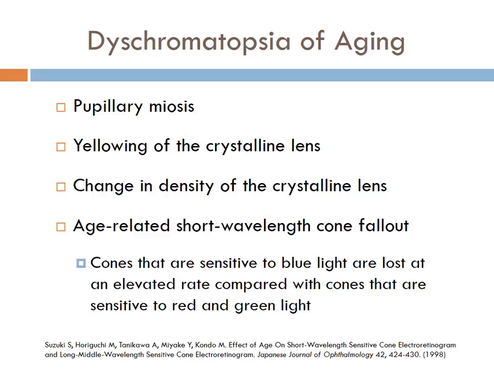When you're doing this stuff though, you've got to remember when I talked about the goals of the diabetic exam, identify and exclude differentials. Well, you've also got this other condition called the dyschromatopsia of aging, which is the yellowing of the lens, the change in index of refraction of the lens. And so you can have a loss of color vision, the yellow in particular, as the person develops cataracts.